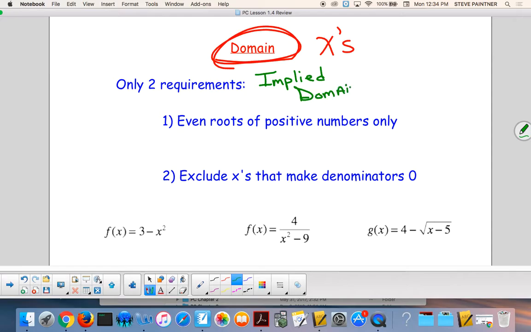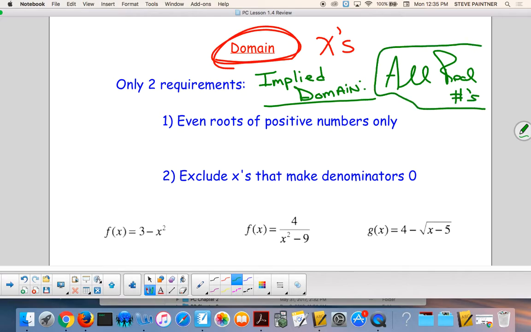Every time you look at a problem, you always say to yourself, what can I put in for my x's? Anything. You can put anything in. That's a group of numbers called all real numbers. So the implied domain is all real numbers. You just always think everything works. Okay, but there's a problem.